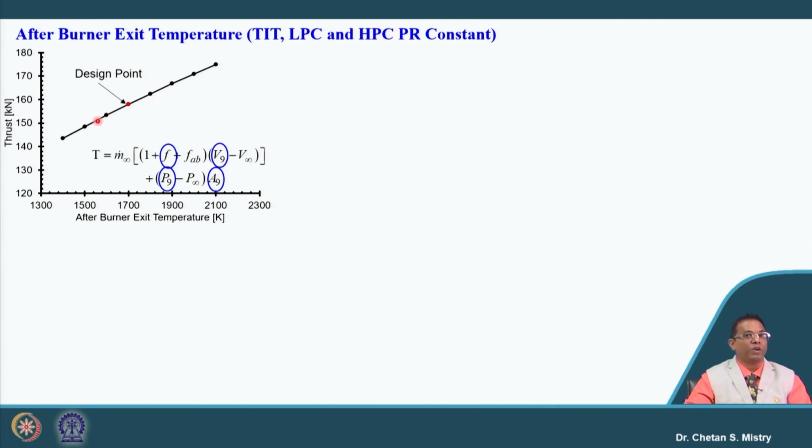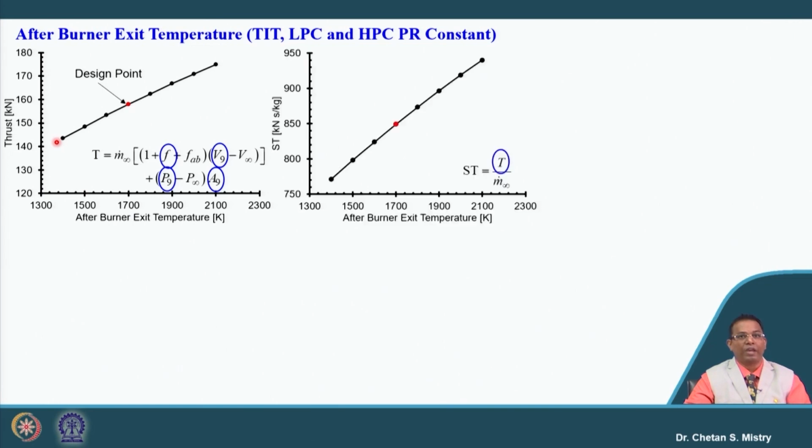If we move towards the lower side, we can have a thrust higher than without afterburner, but this number will be lower. Be careful, this cannot be equal to the turbine entry temperature. This is representing my specific thrust.